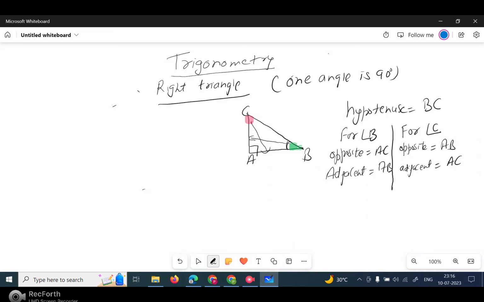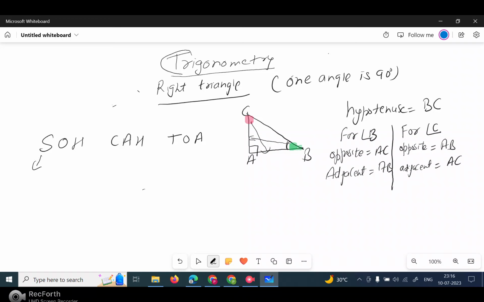So when we learn trigonometry, I will teach you a very simple technique. You have to learn SOHCAHTOA. These three words you have to learn.